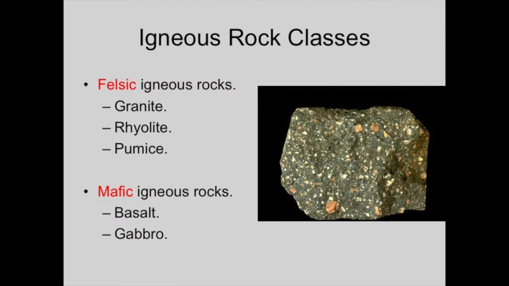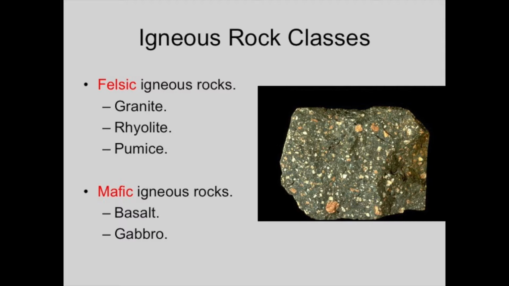Felsic minerals will also generally express high amounts of silica, aluminum, potassium, and sodium. They will have very low melting points, and the rocks formed from felsic minerals will be generally lighter in color, and they will be less dense than the other group, the mafic group. So this would include granites, rhyolite, and volcanic rocks such as pumice.